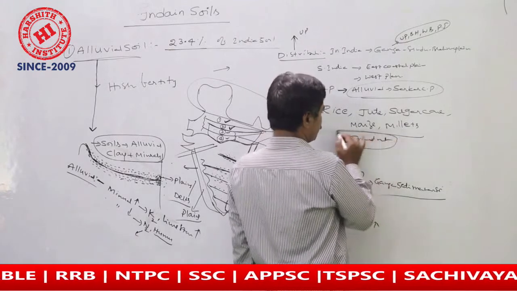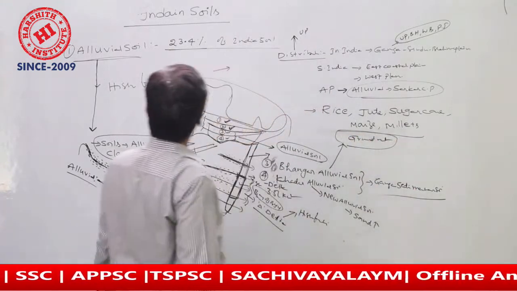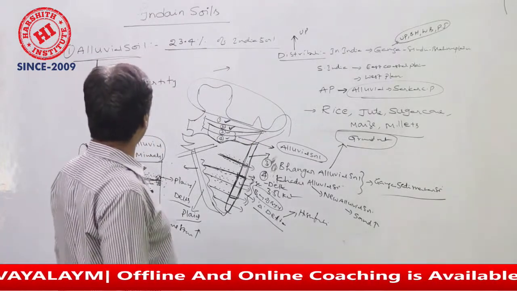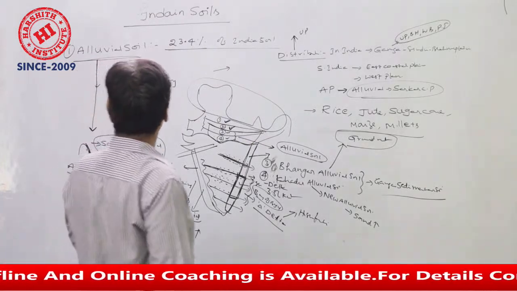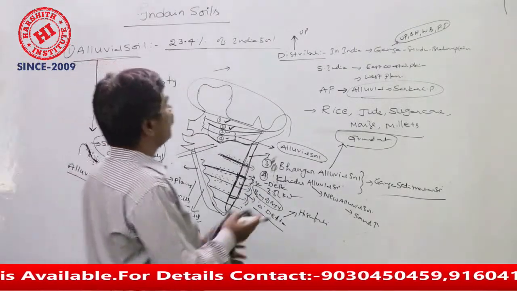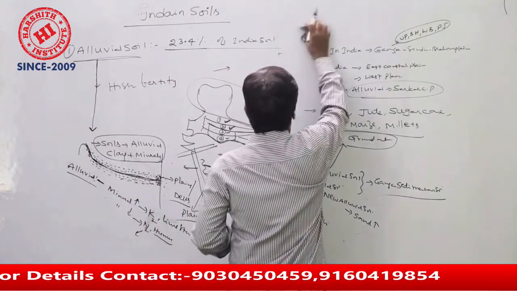These are the main crops that give high production in alluvial soil. Right, next after alluvial soil, black soils.